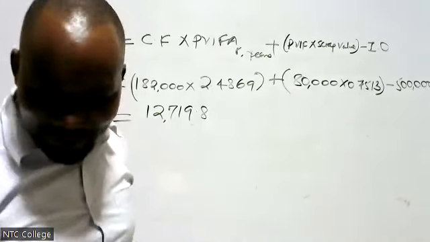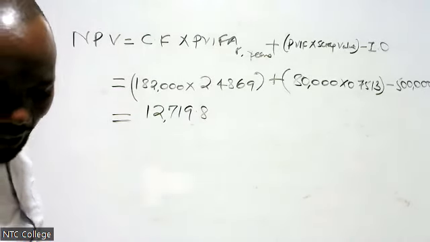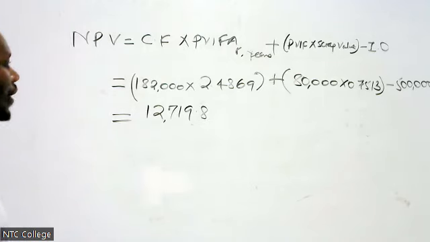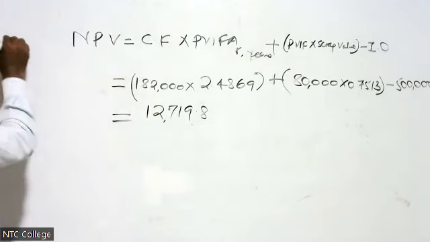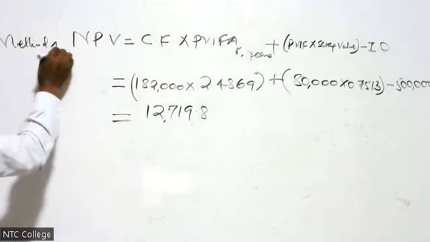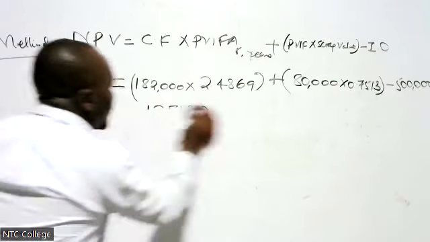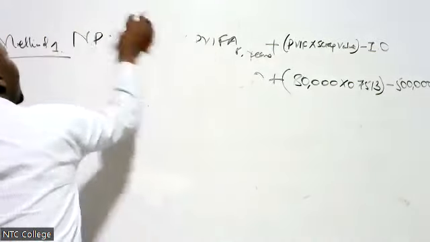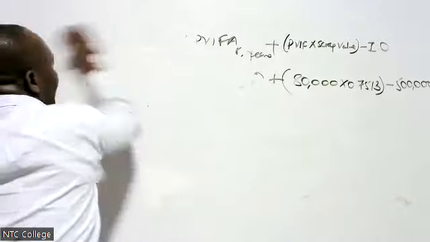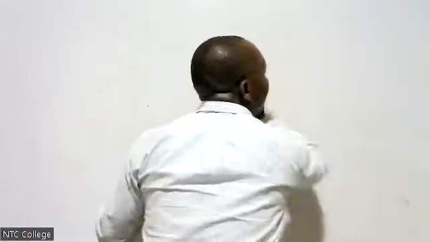Let's look at method 2 of getting the same NPV. That is method 1. Call it method 1. So we have method 2. Why are we going for method 2? I want you to understand.